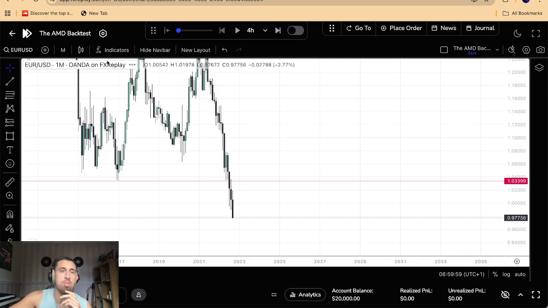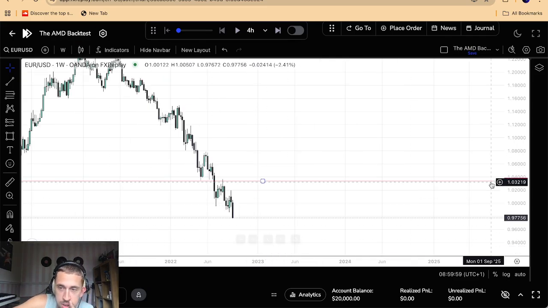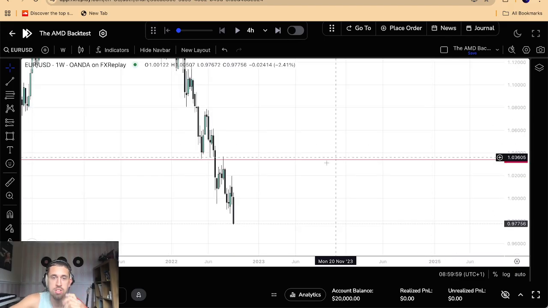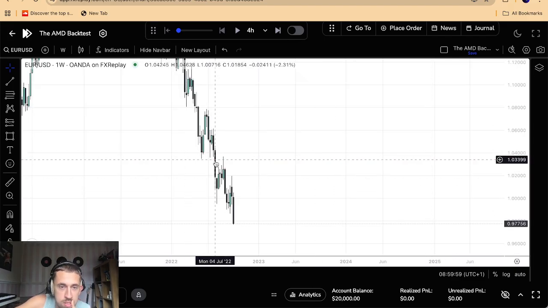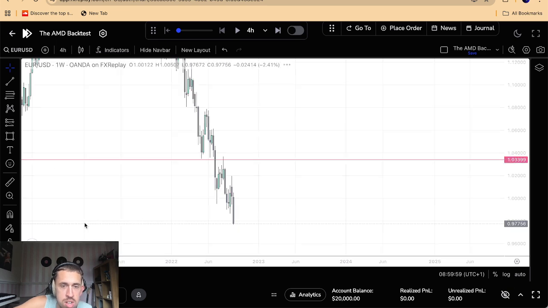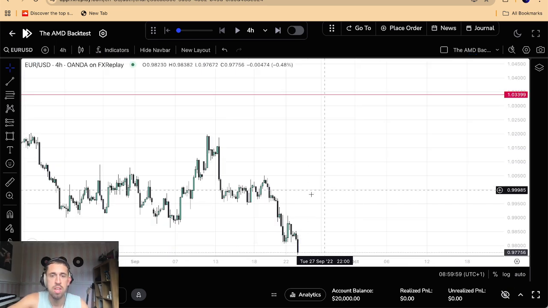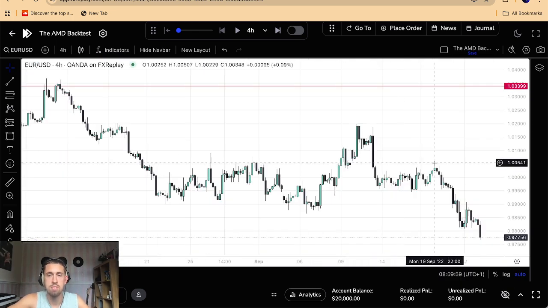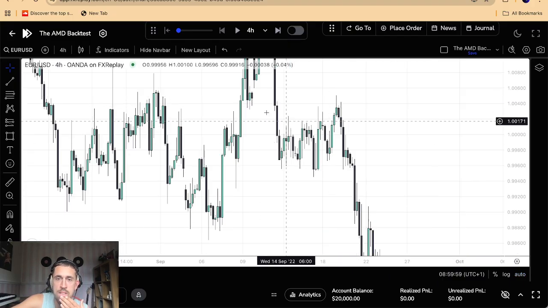So, okay, cool. The only difficult thing is now I don't have a clear bias, but let's see what we can do on lower time frame stuff. Actually, I'm going to keep that there. So now we drop, and we're going to just look for the same thing on these lower time frames. So, for example, we had it here.